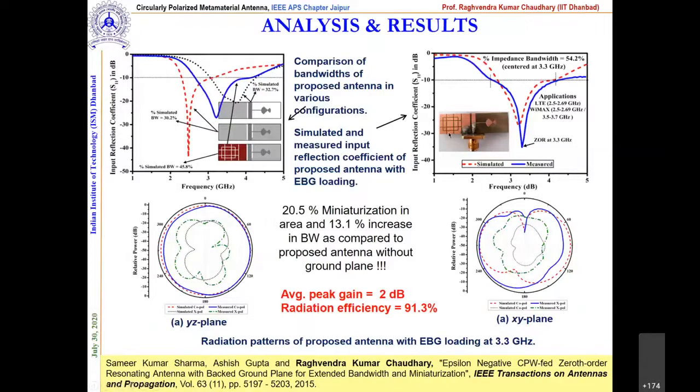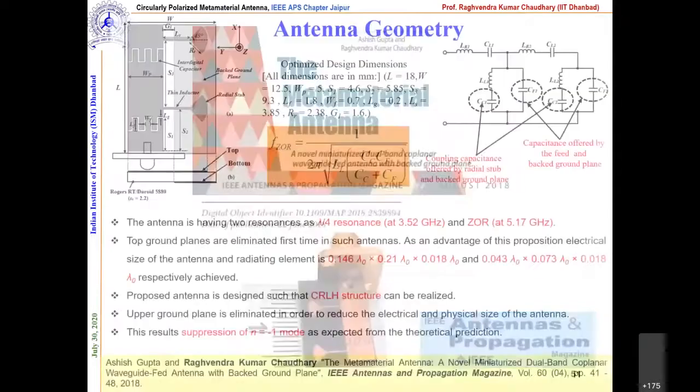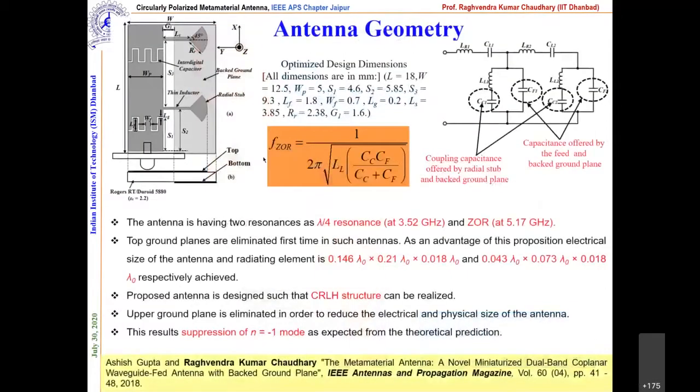Later on we started working over these things, and we developed another small antenna. This time we did not go with the conventional design, and with the same idea, we utilized the background plane. Over the same plane, we did not accommodate the ground plane, and we backed the radiators. You can see here this is the geometry, and this is the formula we derived. Particularly two resonances we got, one is a ZOR, another is lambda by 4.